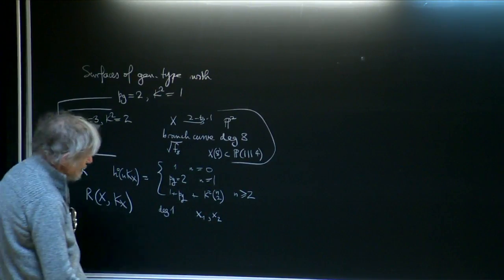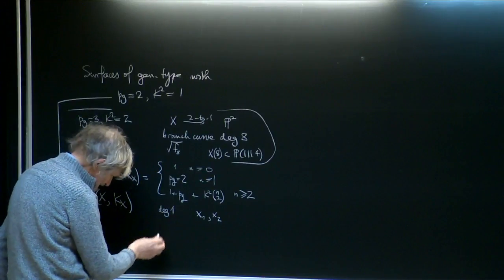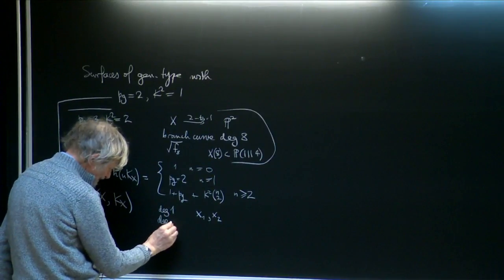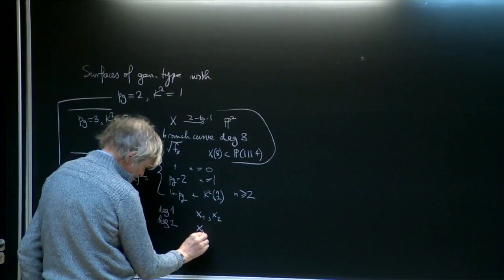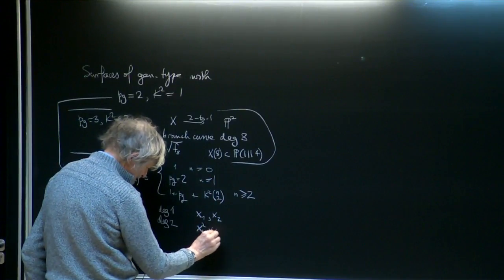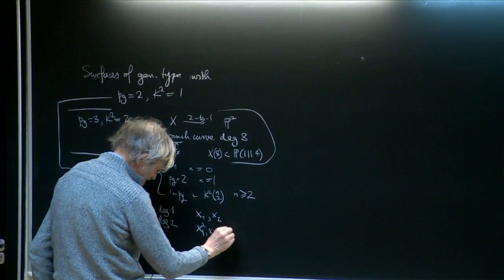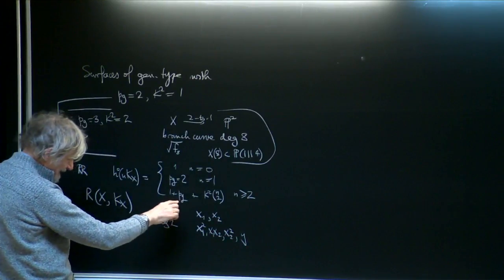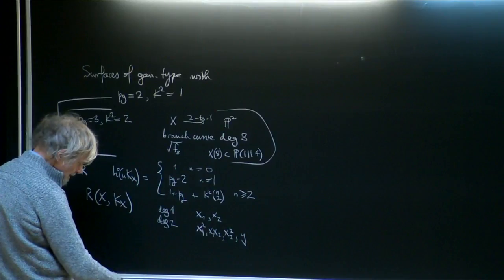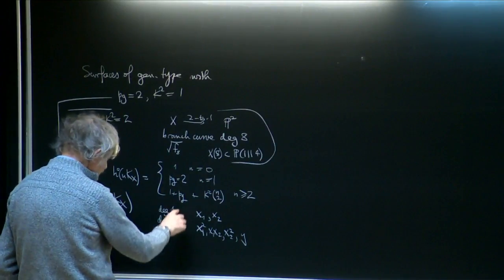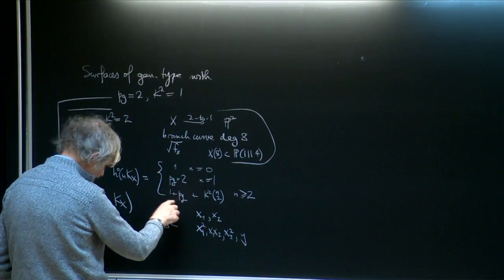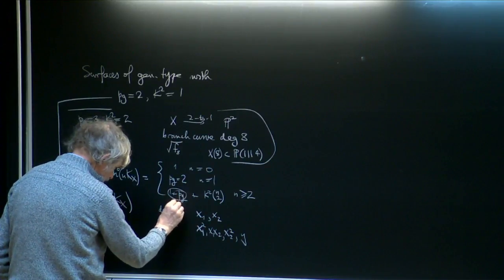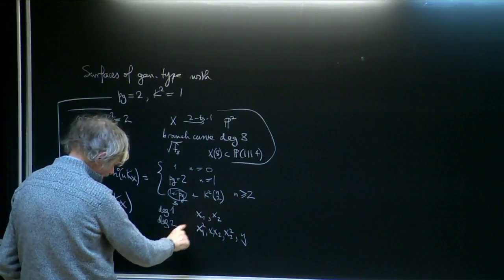Just to continue this calculation, degree 2, I get x1 squared, x1 x2, x2 squared, and y. Right, so the number I get here is 2, how do I do it? PG is 3 plus 1. So I get 4.